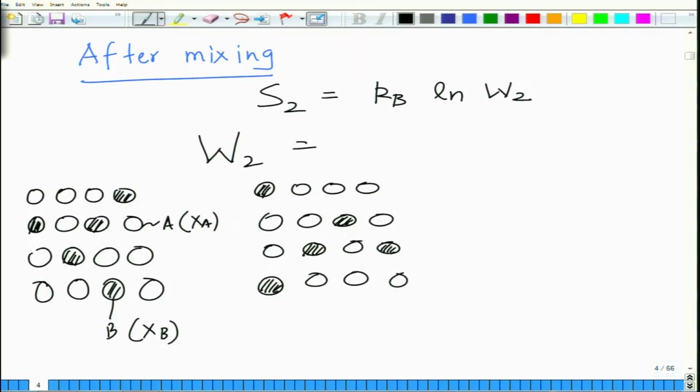Now, this is only about 16 atoms that I have taken, but a system has a much larger number of atoms. If you take 1 mole, it will have about 6 into 10 to the 23 atoms.